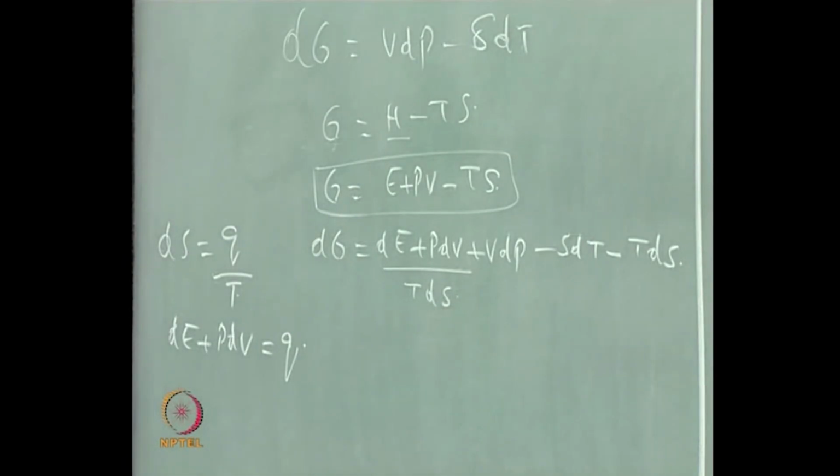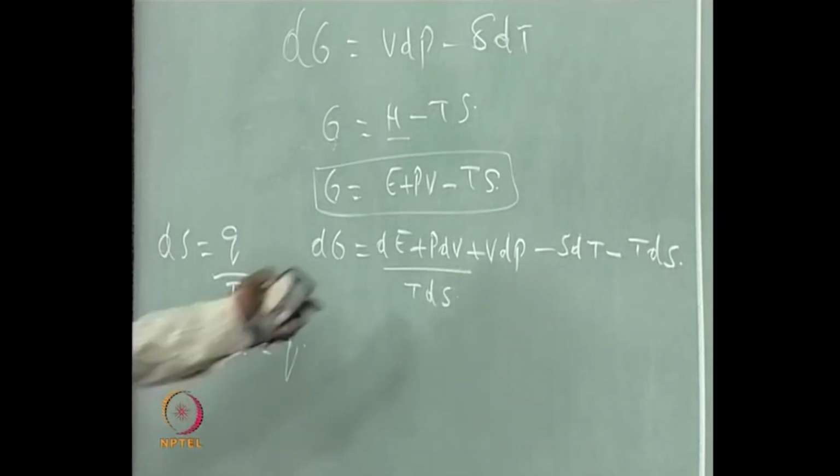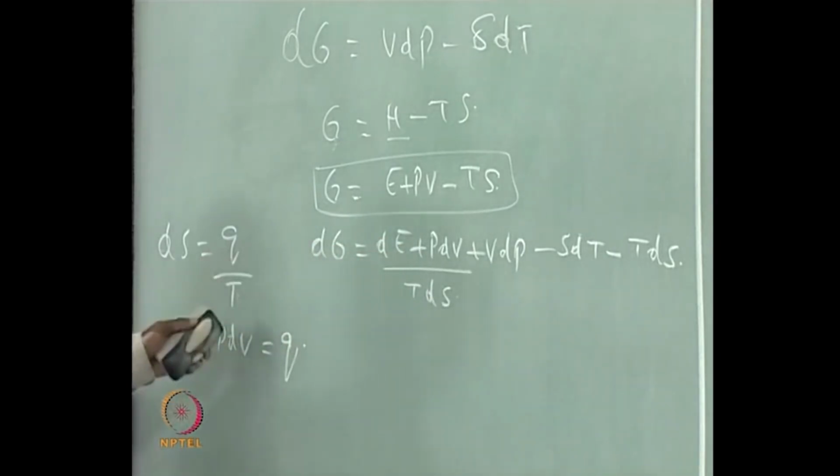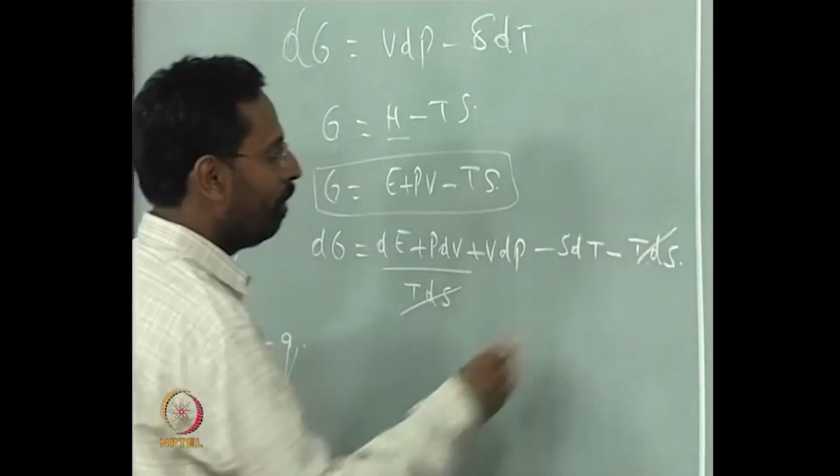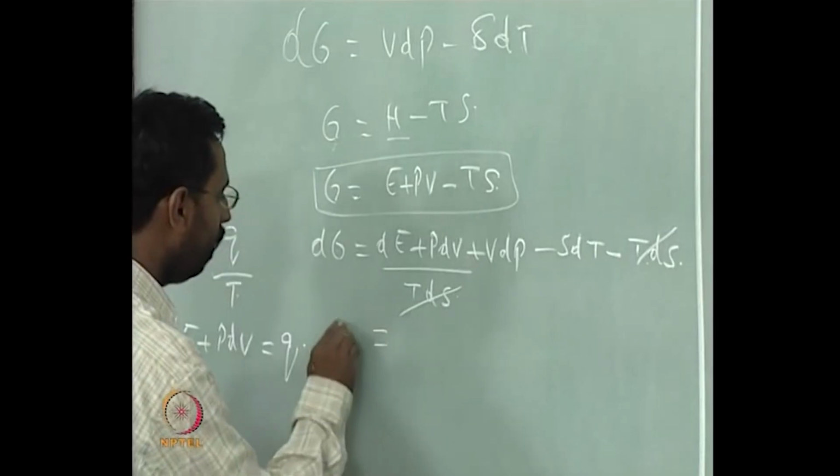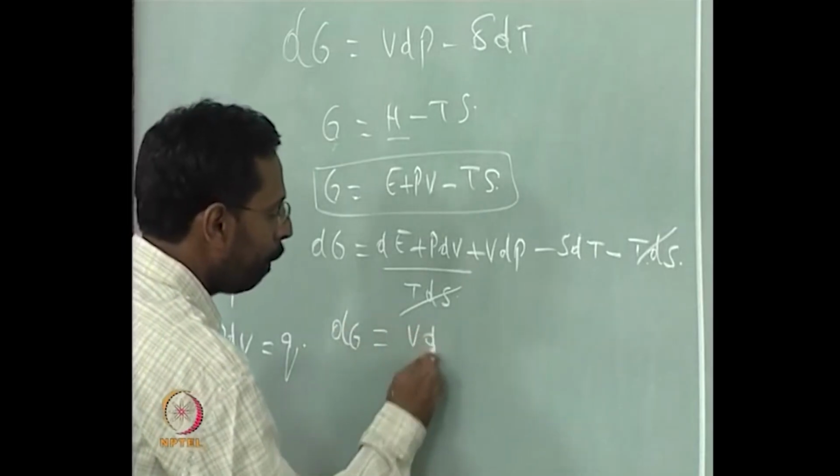Am I right? That is the heat content. So I can write this as TdS. TdS is q, and if I write it as TdS, this goes off. So what is left is dG is VdP minus SdT.